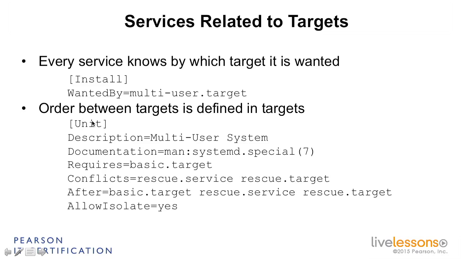So here you can see the unit, and the interesting part is where you can see it requires basic.target. So this target can only be activated after the basic target. It cannot live together with the rescue.service and the rescue.target, and it should be loaded after basic.target and rescue.service and rescue.target. And AllowIsolate means that you can jump from another target to this target to change the current state of your system.